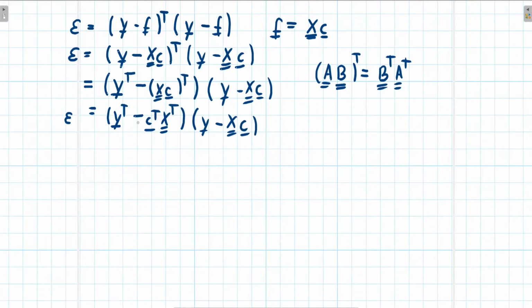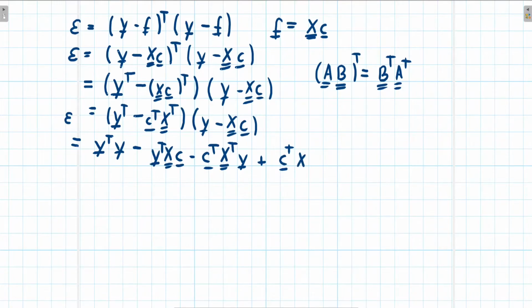And now we can just multiply out all the terms. If we do that, we end up with the first term, y transpose y, minus y transpose X C, minus c transpose X transpose y, plus c transpose X transpose X c.